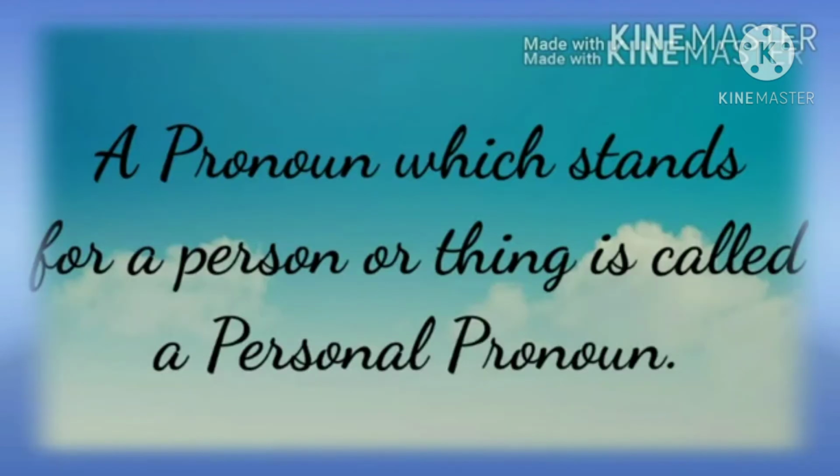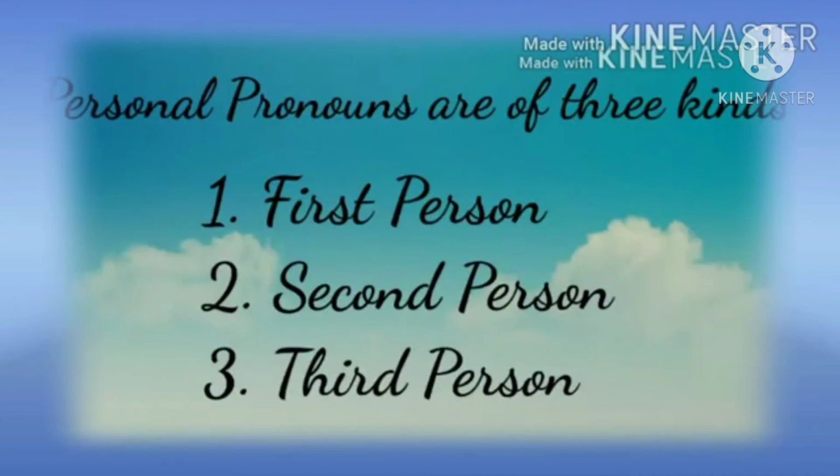Then we learned personal pronouns. A pronoun which stands for a person or thing is called a personal pronoun. There are three kinds of personal pronouns: first person pronoun, second person pronoun, and third person pronoun.